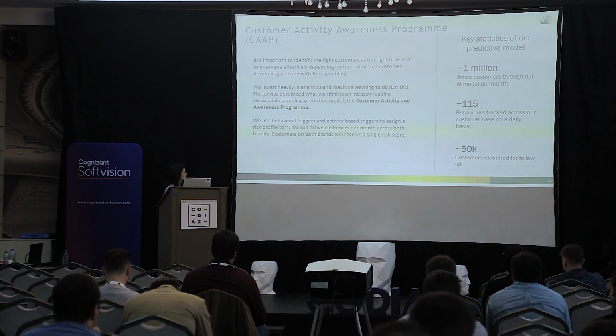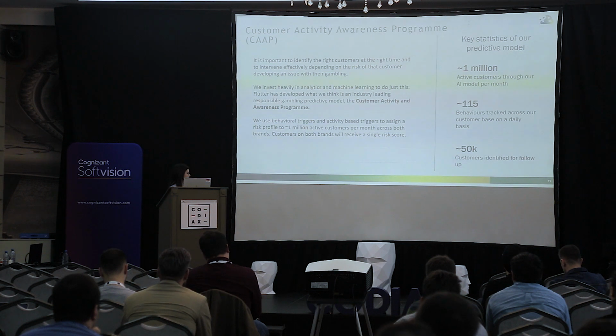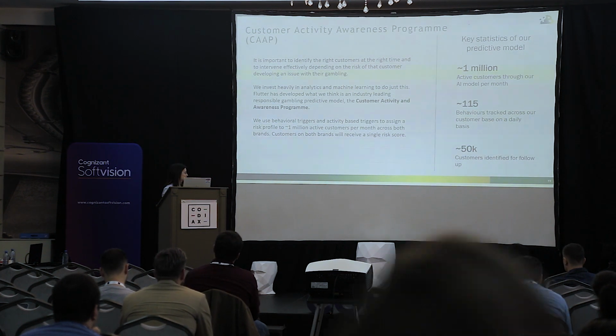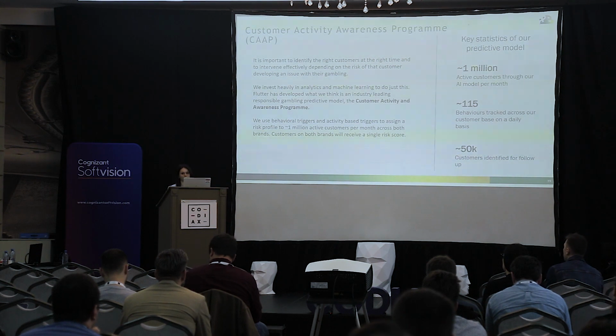Here are some key statistics of our predictive model. We use more than 1 million active customers per month, and more than 50,000 customers are identified for follow-ups, so for taking actions in order to make sure that they gamble responsibly.